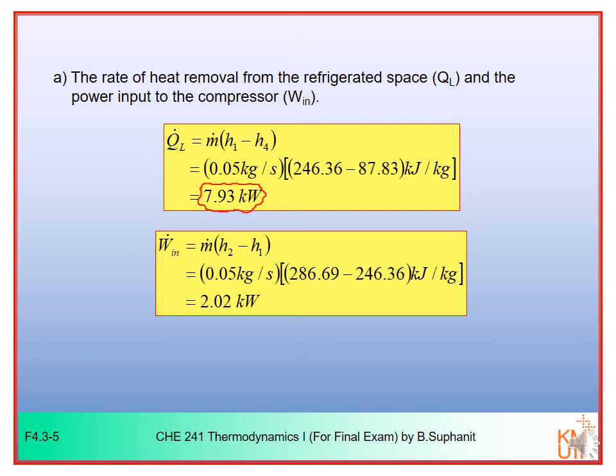You also want to determine the power input to the compressor. It can be calculated from the energy balance in process 1-2, so that would be M dot multiplied by H2 minus H1. So the power requirement would be 2.02 kilowatt.